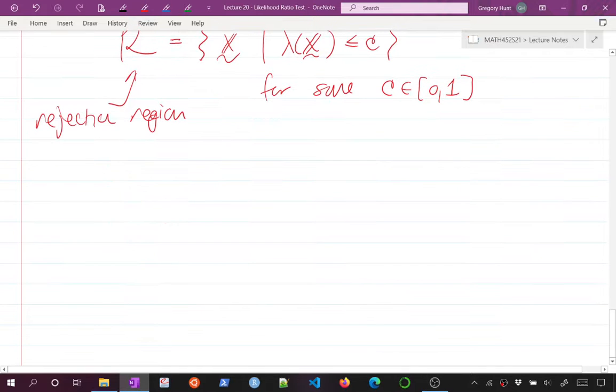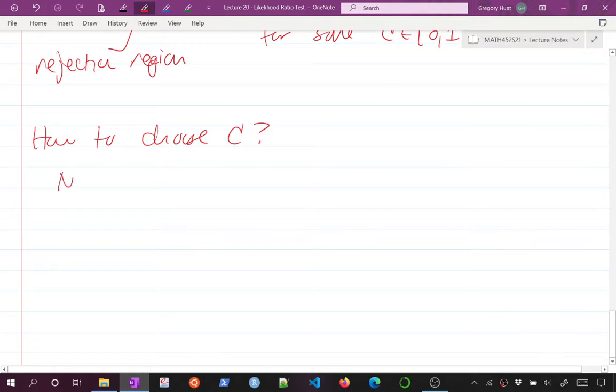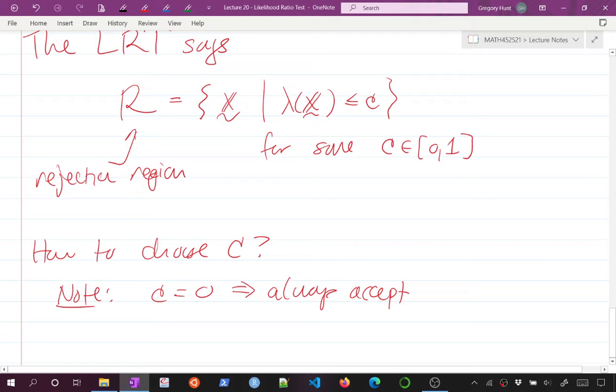So how do we choose this constant? Some things to note: if C is 0, then we're always going to accept the null. In the continuous case, we're never going to reject, because with probability 0 we're going to observe some lambda less than or equal to 0.